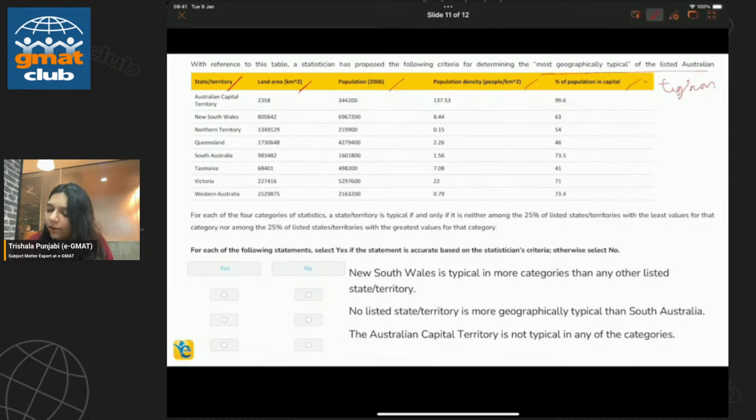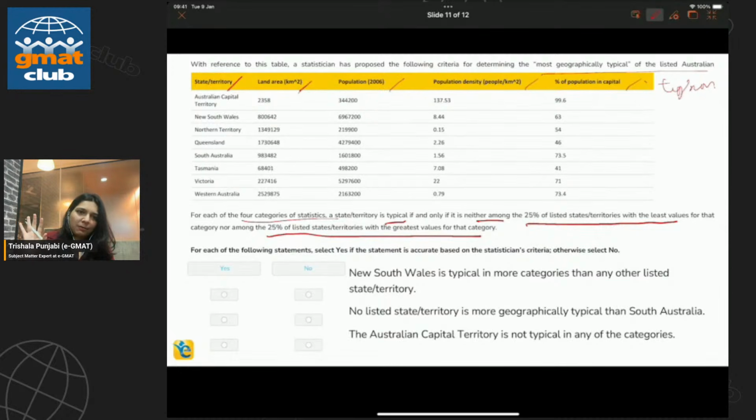Now it says for each of the four categories of statistics, a state or territory is typical if and only if it is neither among the 25% of territories with the least values nor among the 25% of the territories with the greatest values. So basically, somewhere in the middle. Now, when you look at 25%, what is the inference that you draw? How many states are there? There are 8 states.